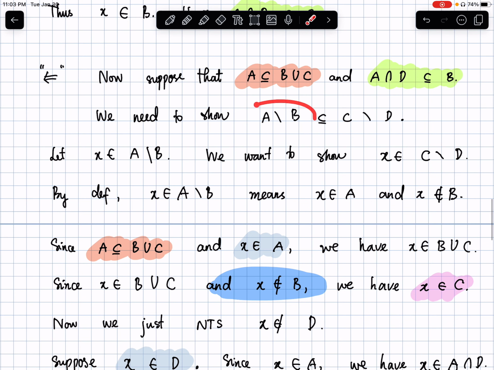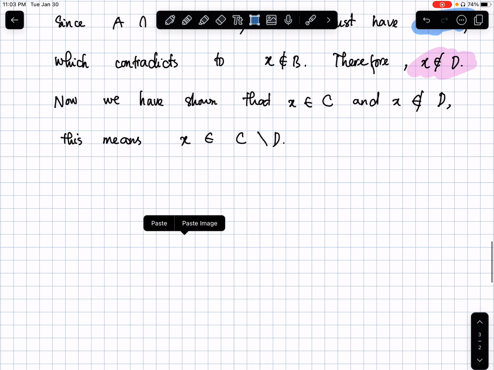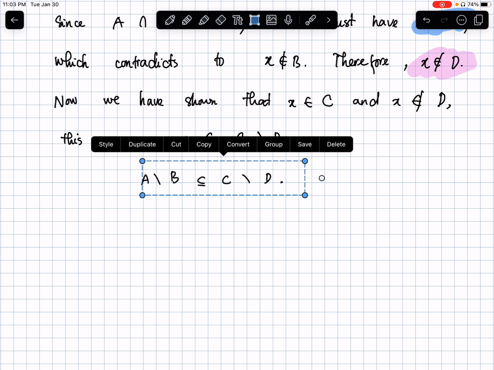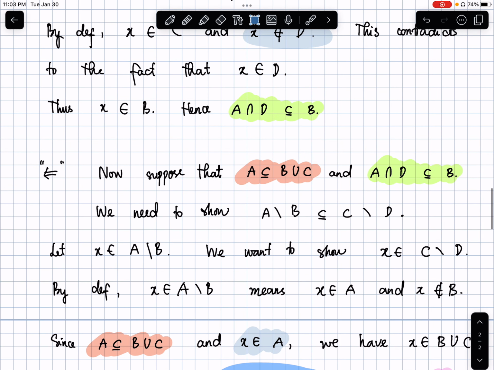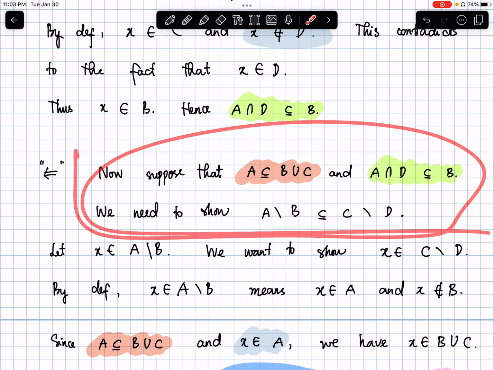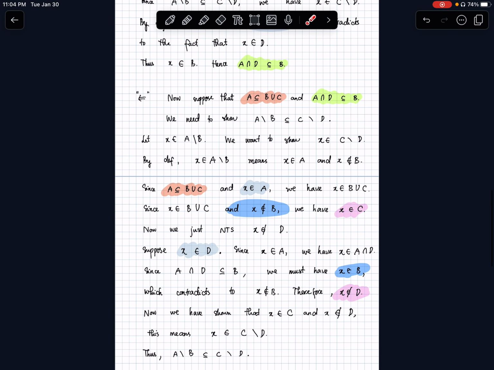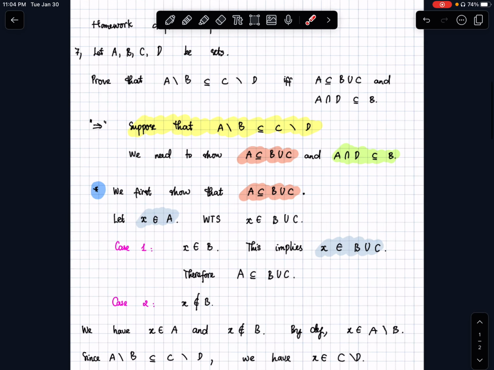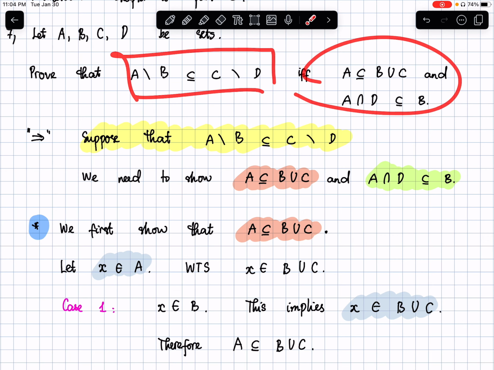And therefore, we started from here, we showed that this is an element in there. Therefore, we proved this part. And this is the other direction, the backward direction of the biconditional statement. And yes, we're done. So here's the proof of this exercise. We go from here and we reach there. And therefore we're done.